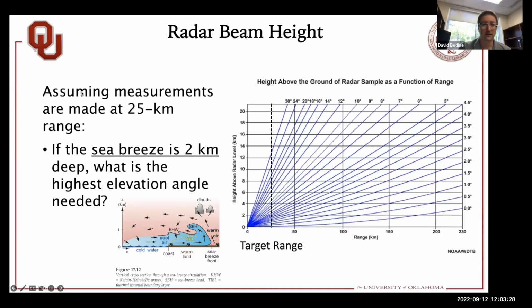Taking a look at this first, if we were making measurements at 25 kilometers in range and the sea breeze is 2 kilometers deep, what elevation angle would we need to scan up to?